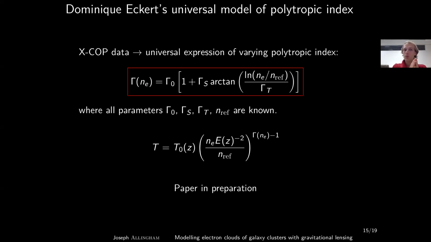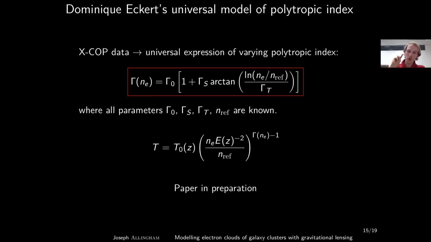But with Dominique Eckert, so credits to him, a universal model for the polytropic index. So with this relationship, there is a universal description of the electron temperature, knowing that T naught is a normalization constant that is known universally.